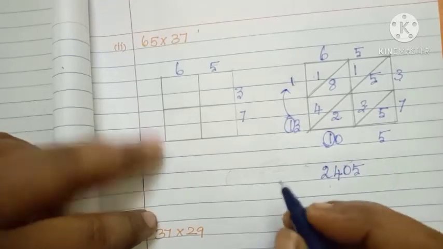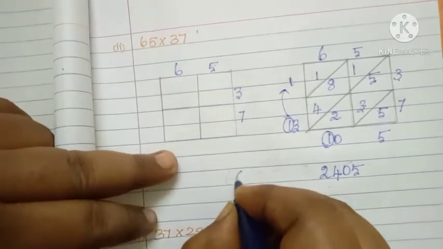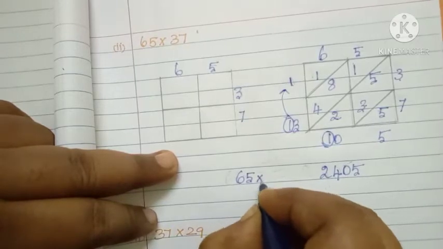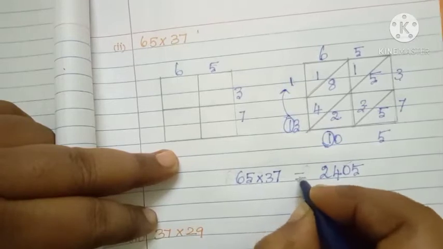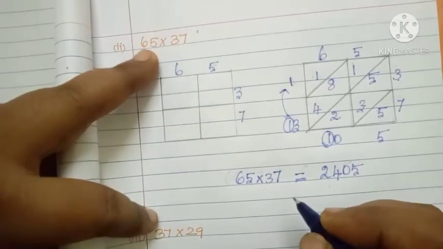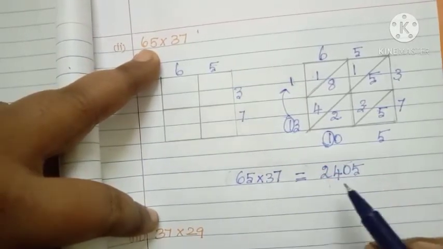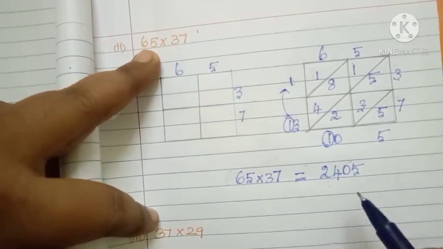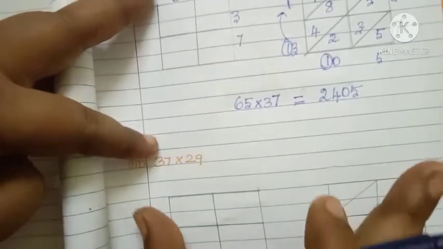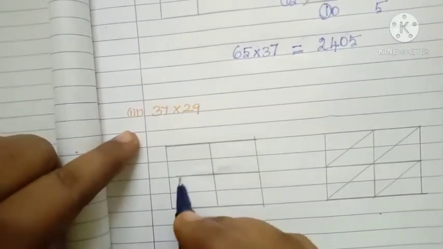So finally you find the answer for 65 multiplied by 37, equal to 2405. This is the method you do. Next sum. Ready to do now?